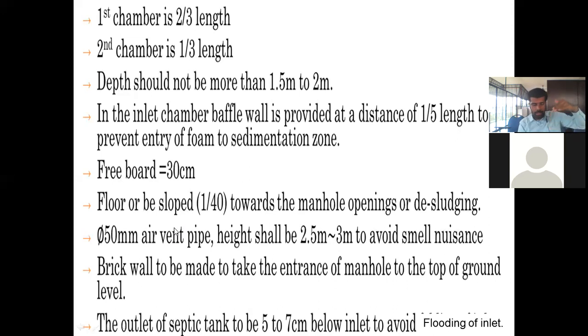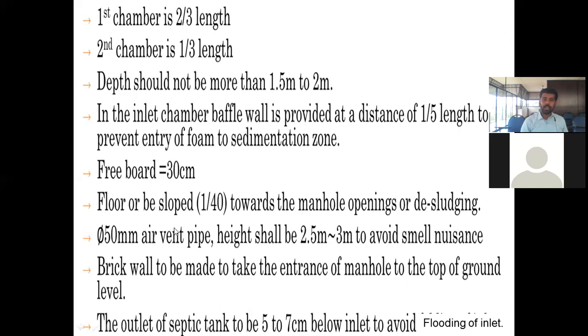At that depth only you will be able to construct the septic tank, because the water will be coming from the water closet through the pipe with a slope. It comes down, and the discharge portion will be at some depth. From there only you can construct the septic tank, otherwise you won't get the required volume.